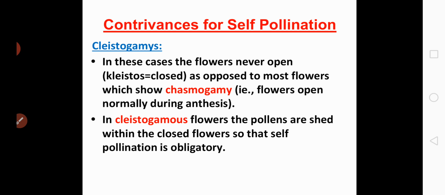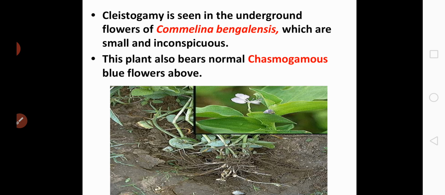Is that clear? So cleistogamous flowers do not open at all. What happens here? The pollens are shed within the closed flowers themselves, so that self-pollination is compulsory. Cleistogamy is seen in the underground flowers of Commelina bengalensis, which are small and inconspicuous. This plant also bears normal chasmogamous blue flowers above.